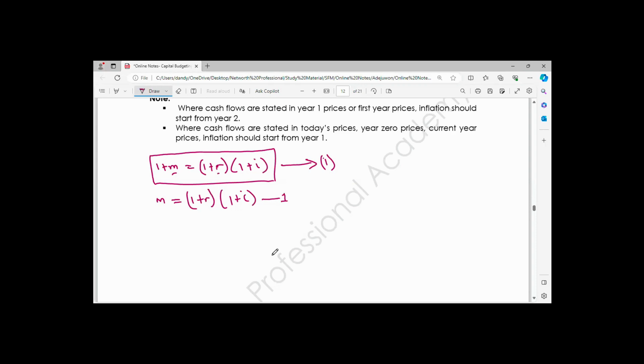Therefore, for me to get R, I need to divide both sides by 1 plus I. Therefore, R equals 1 plus M, divided by 1 plus general inflation rate, minus 1. The one that is standing is 1 plus R, so I would then say minus 1.